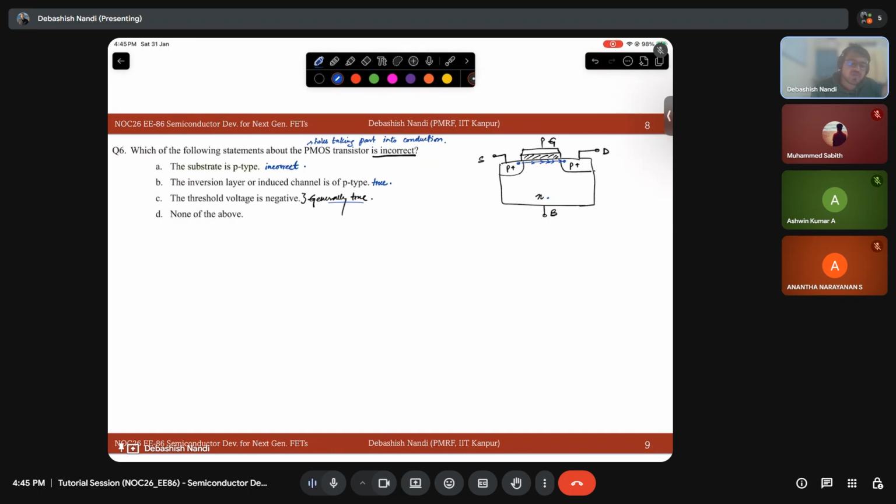Otherwise, you will see that your PMOS will have a negative threshold voltage. And that is of course true, right? If you have your negative charges here, then only this dopant will get ionized and holes will start to generate, and in this case your electric fields will be in the upward direction. Okay, so none of the above is not true, so this is incorrect.